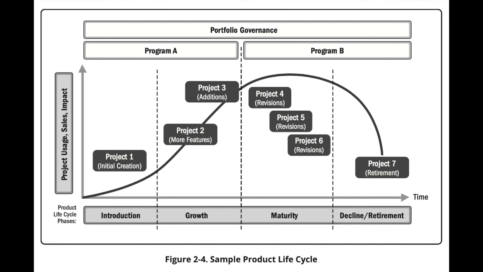At the maturity stage, projects or programs are executed to perform revisions. And last, the decline or retirement stage, one retires the product for good, which will be the last project related to this product. Within this context, in what forms can product management exist?